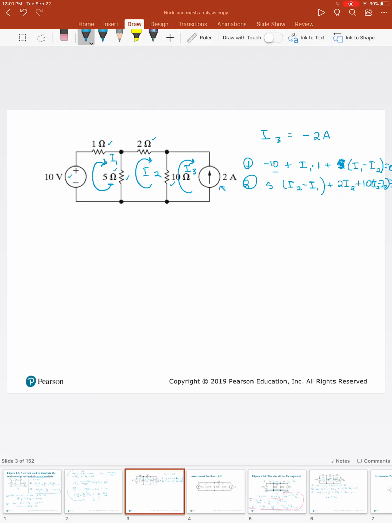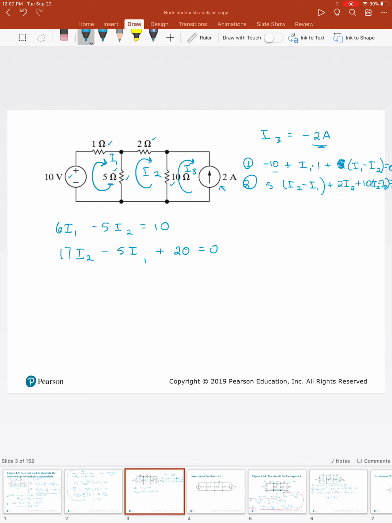Looking at equation 1, I'll have 6I1 minus 5I2 equal to 10, and then in equation 2, I will have 17I2, minus 5I1, and then minus 10I3, but I3 is minus 2 amps, so that'll change it to plus 20, if I'm doing that right.